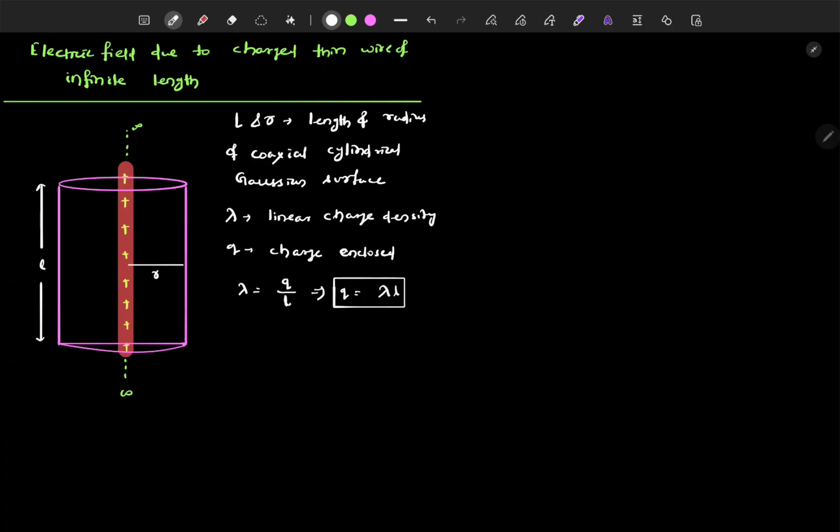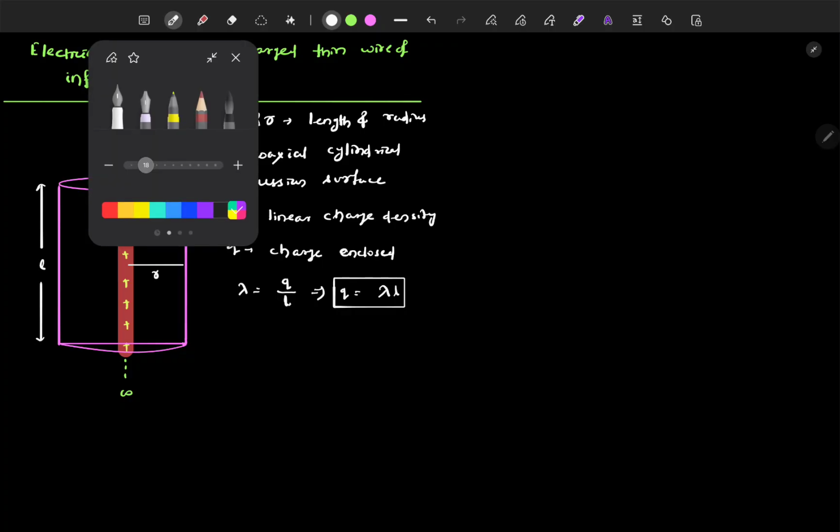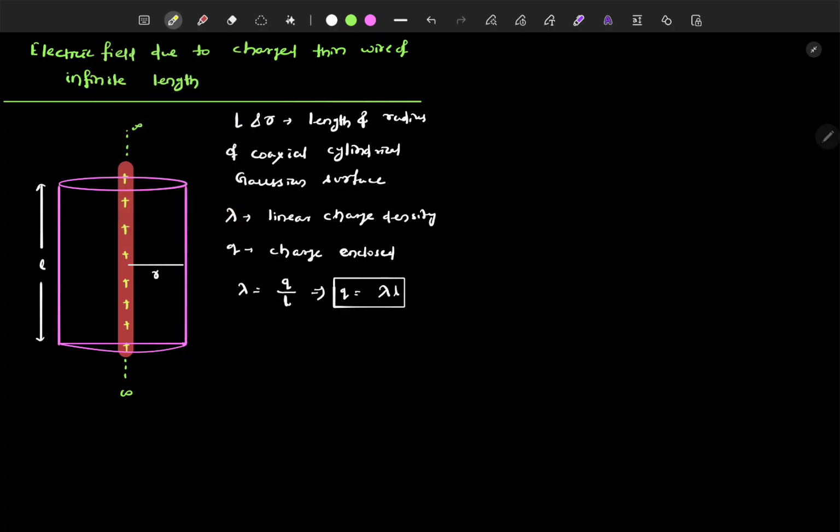So what is our aim? Our aim is to find the electric field at point P. This is point P. So in this case, observe this.